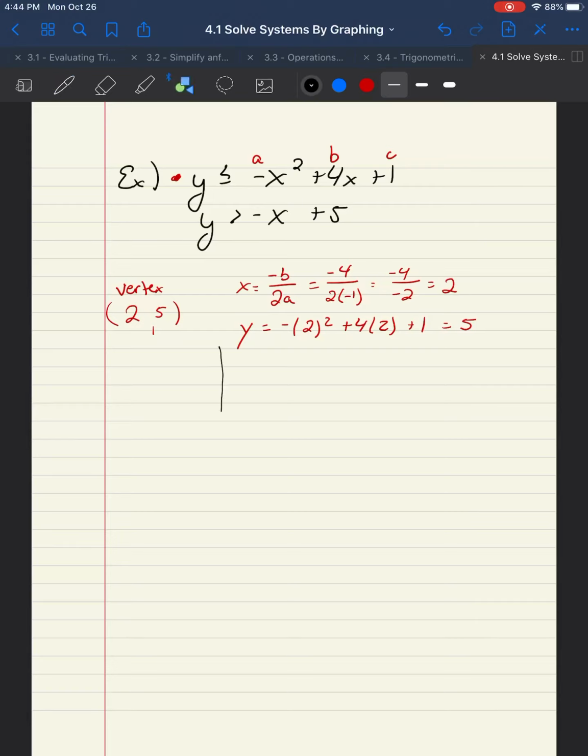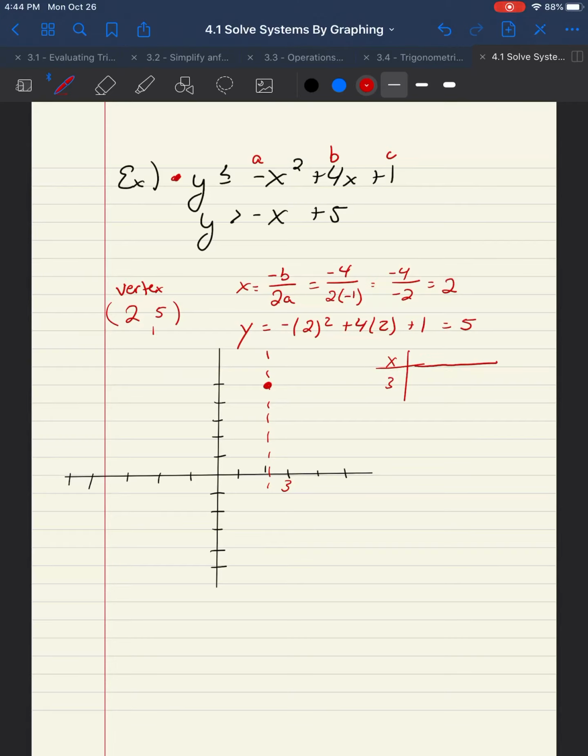So I go to my grid and I'm going to plot my vertex on my parabola. Okay, 2, 5, line of symmetry. I find an additional point by picking something, so maybe 3.